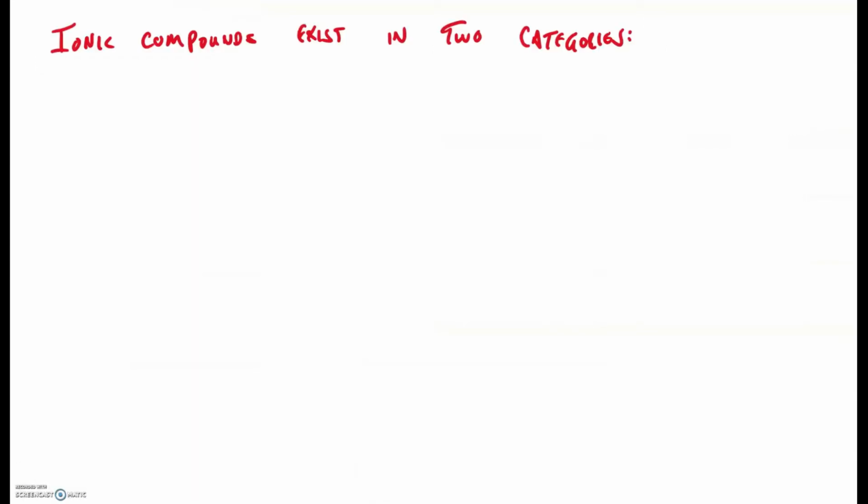So for the purposes of this course, we're going to break our ionic compounds into two categories. Type 1, and these are just simple ions that do not form multiple charges. They can be polyatomic, but their charges are always the same. So we'll simply say simple ions with one charge.